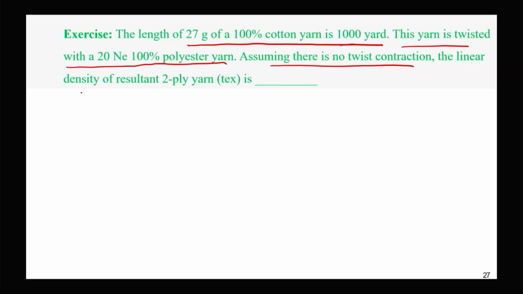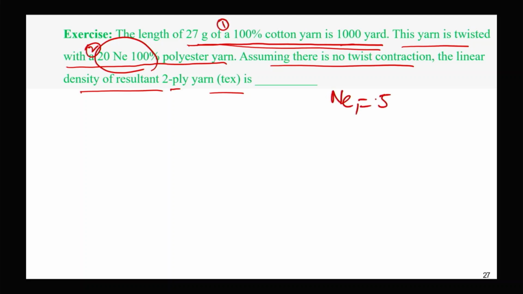So the linear density in tex of this 2 ply. So this NE is given, and for the second one we have to calculate. So this is component 2. For component 1, what we know, NE1 is 0.54 times, as we have length in yard 1000 by weight in gram 27.